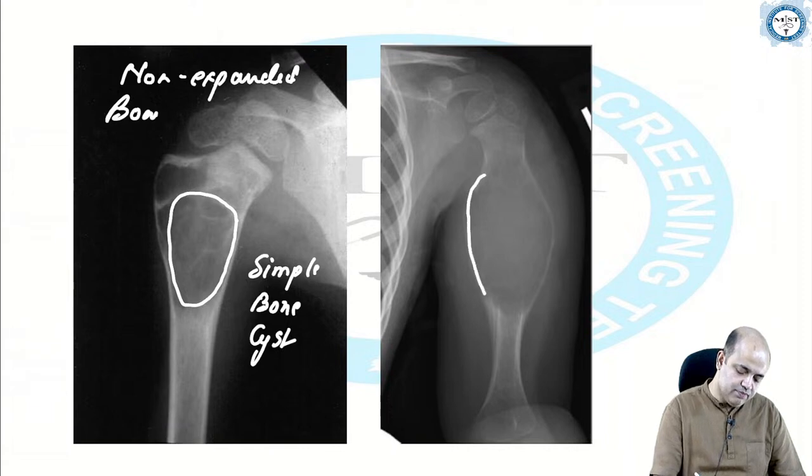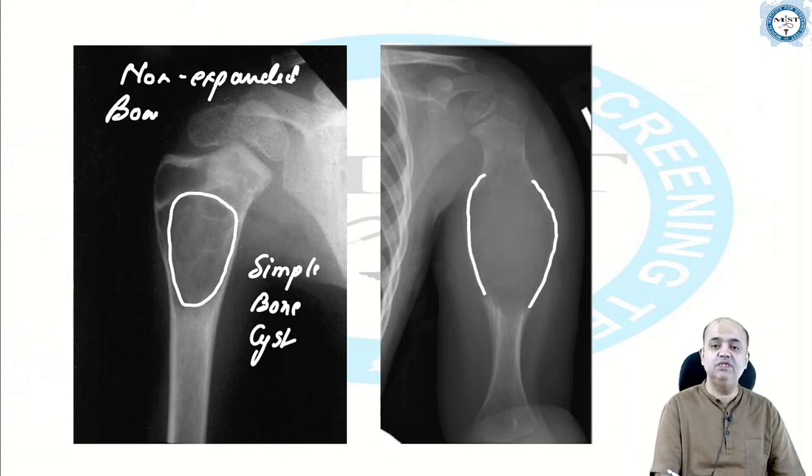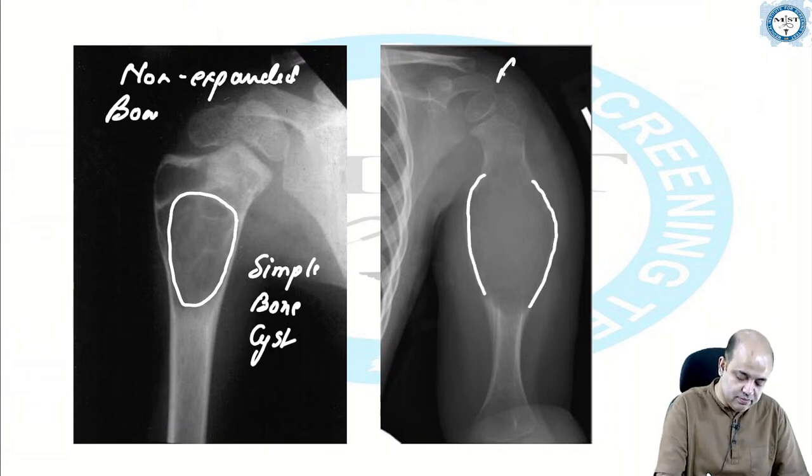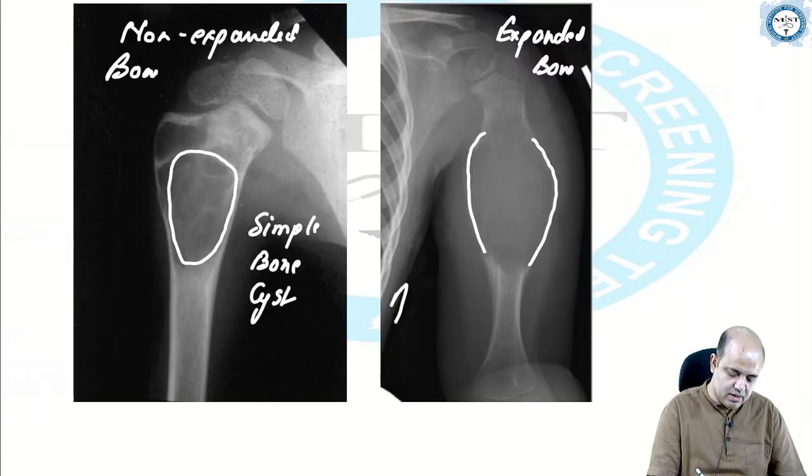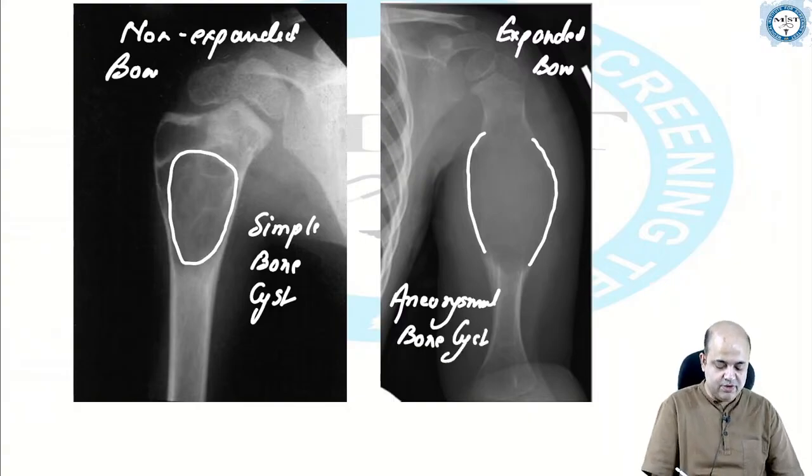If the bone is expanded, this is an aneurysmal bone cyst.